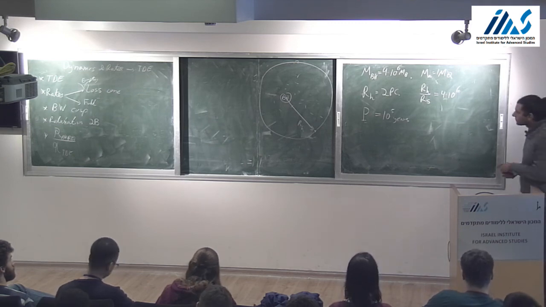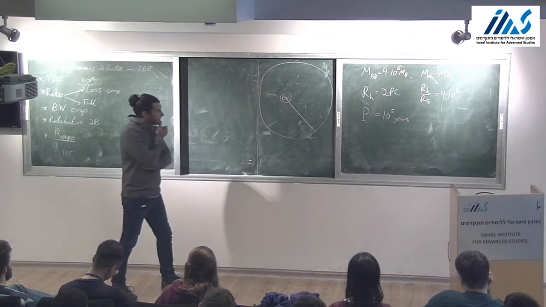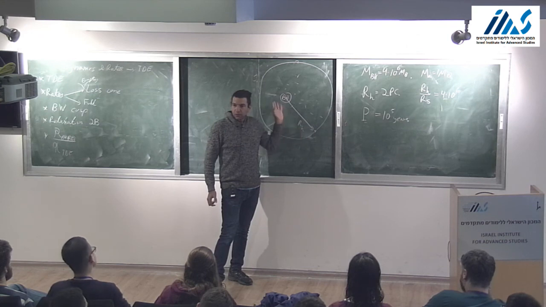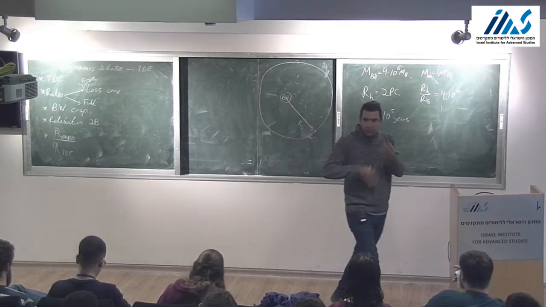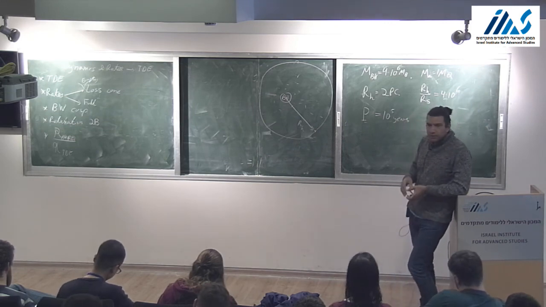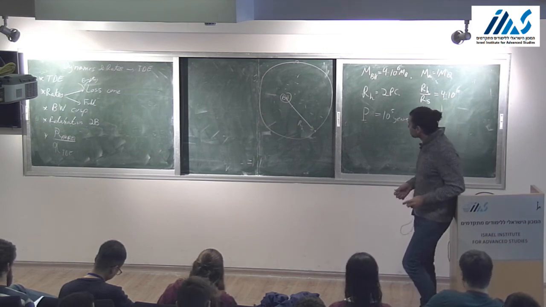So all these stars within the radius of influence have had many orbits by now. Wherever they are, they went around the black hole 1,000,000 times, or slightly less, 10,000 times.